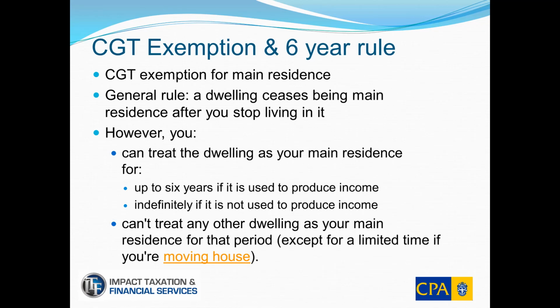Then in the future, say 5 years later, when I sell my Bondi property, I can't say in that 5 years I lived in the Bondi property as my main residence again. So when I sell that Bondi property 5 years later, I have owned it in total for 10 years. So for 5 out of 10 years, I have to calculate a capital gain and pay capital gains tax for that property. Okay, hope that makes sense.